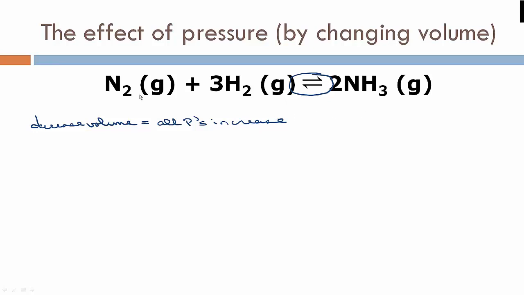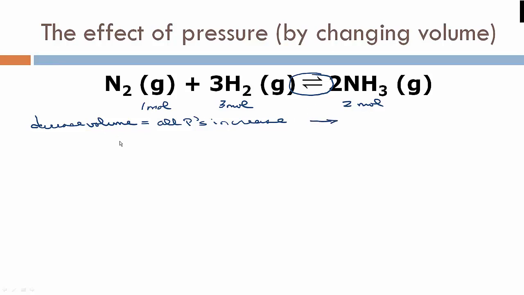Now, it turns out that's a pretty cumbersome way of going about describing this, but there's a simple way that you can think about this. I have 1 mole of gas here, I have 3 moles of gas here, and I have 2 moles of gas here. When the volume is decreased, increasing all the partial pressures, the reaction will shift in the direction with fewer moles. That is, it's going to go to the right in this problem.